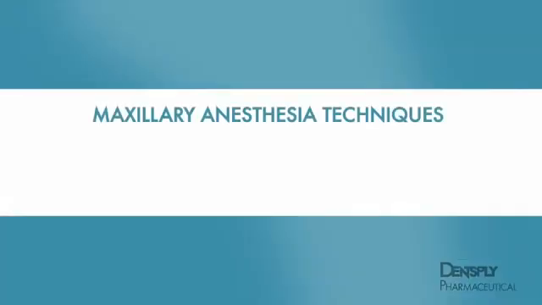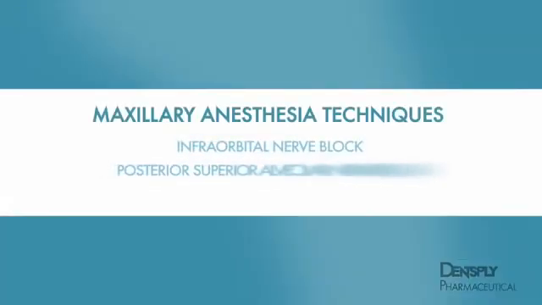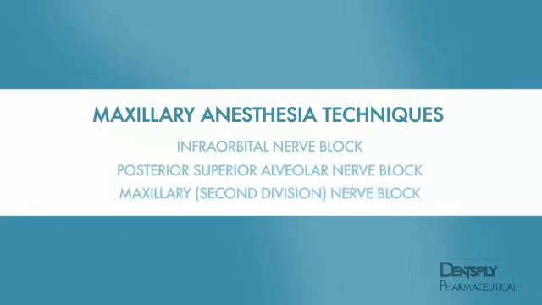Three other approaches for anesthesia in the maxilla may be alternatives to the supraperiosteal technique and are described in this program: the infraorbital, the posterior superior alveolar, and maxillary or second division nerve block. These techniques are easily learned and can be especially helpful with procedures involving multiple teeth.